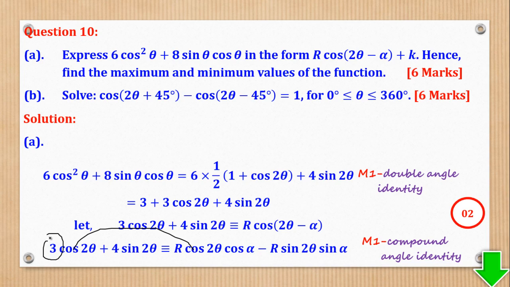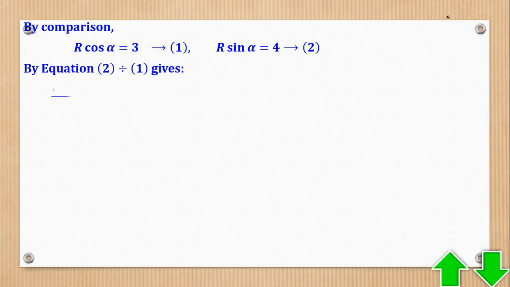When I remove it, I remain with 3 here. Here I remain with 3, r cos alpha. So r cos alpha is 3. Then here, sin 2 theta, sin 2 theta. Then 4 is equal to r sin alpha.